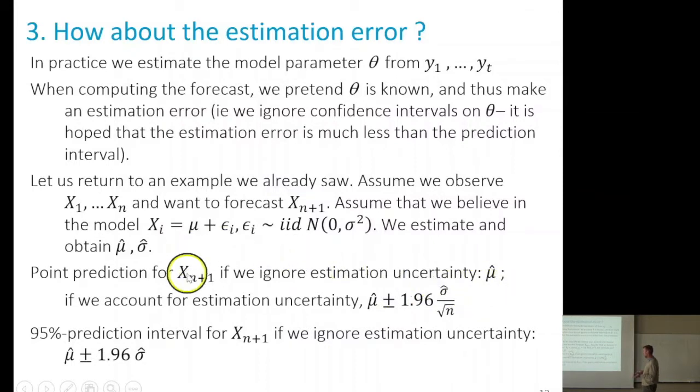Sorry, the point prediction for n plus 1 is simply mu hat. Now, even the point prediction itself we know is a bit uncertain. This is the confidence interval we have for the true mean, the true value of mu, given what we have observed. And if we ignore the estimation uncertainty, we use the formula we have, mu hat plus or minus 1.96 sigma hat.